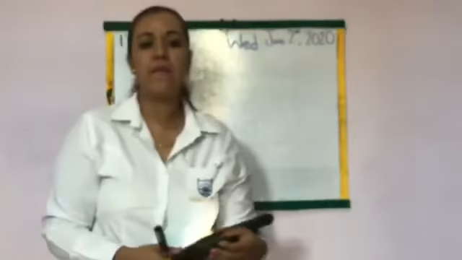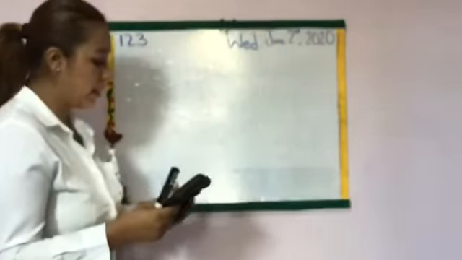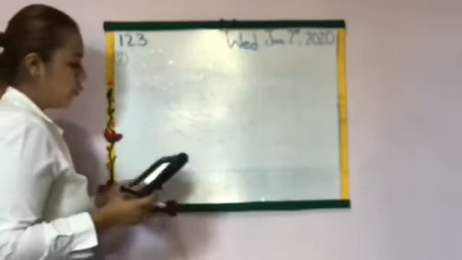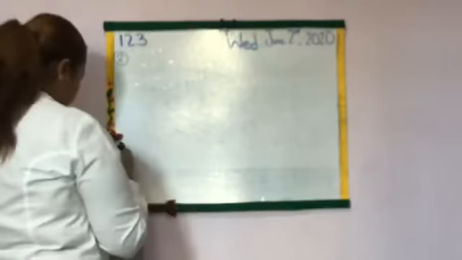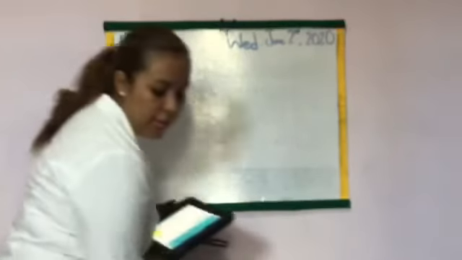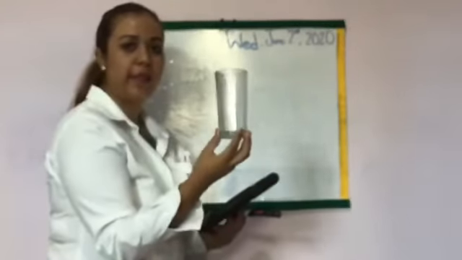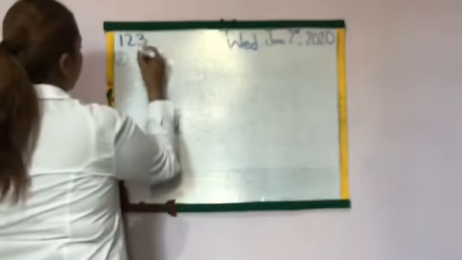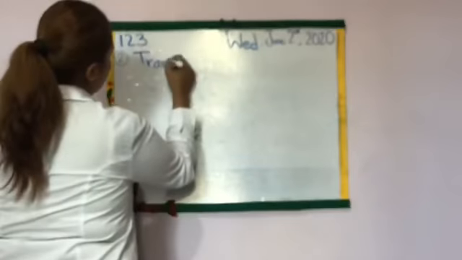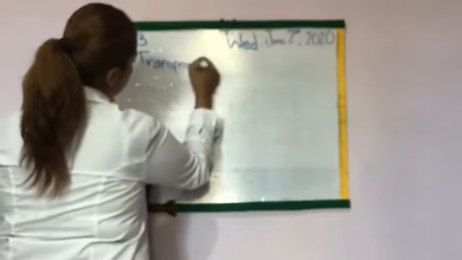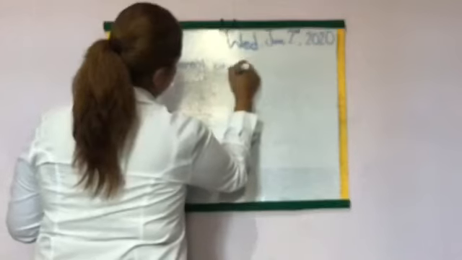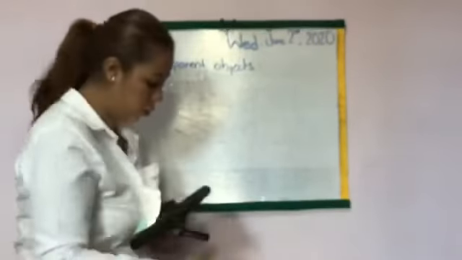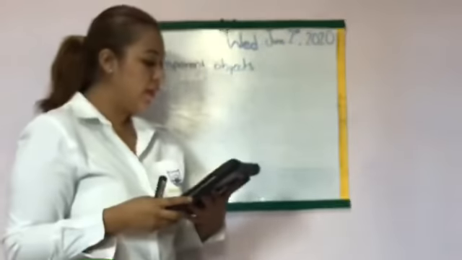Okay, so we're checking page 123, and this is going to be activity number 2. Activity number 2 says transparent objects. What are some transparent objects? And remember, I gave you this example here for transparent objects. What are the characteristics of these objects? What do you have? Tell me, come on.